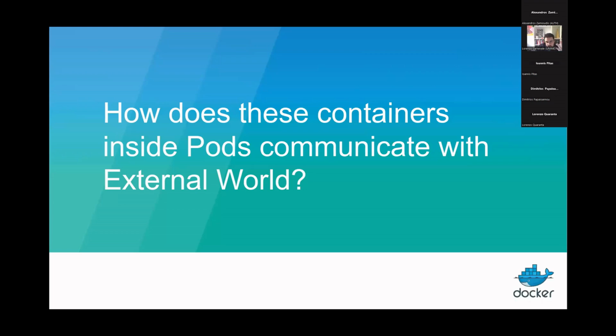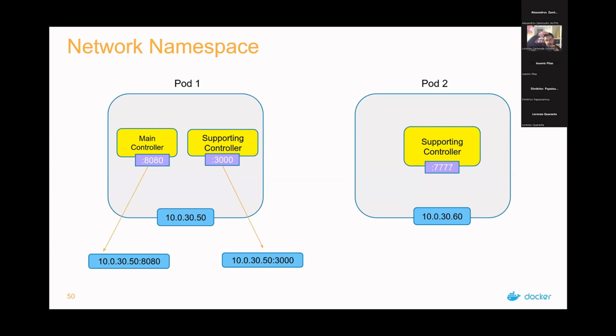How can these containers inside the pods instead communicate with an external node? This is another important question, because they do it using the IP address associated with the pod and the port that is associated with the service inside. So over the 10.0.30.50, over the port 8080, it's possible to access, first of all, this pod, and then specifically the main controller.